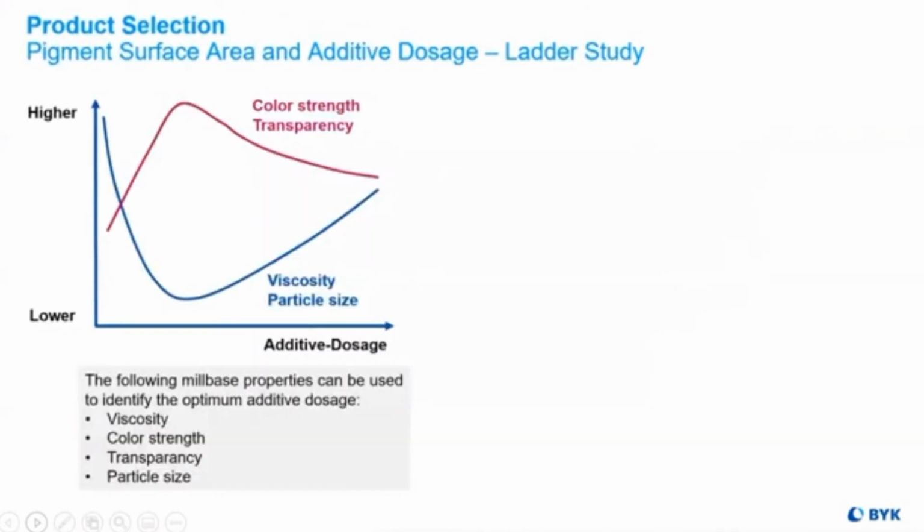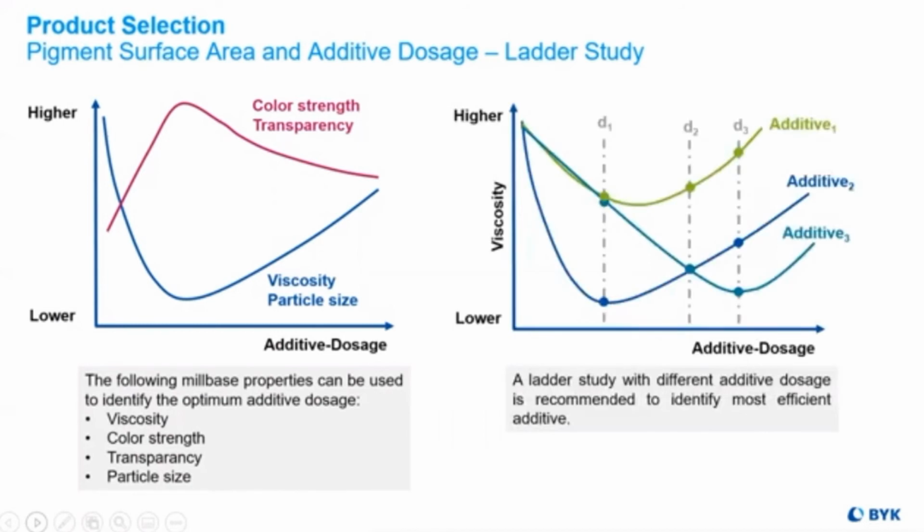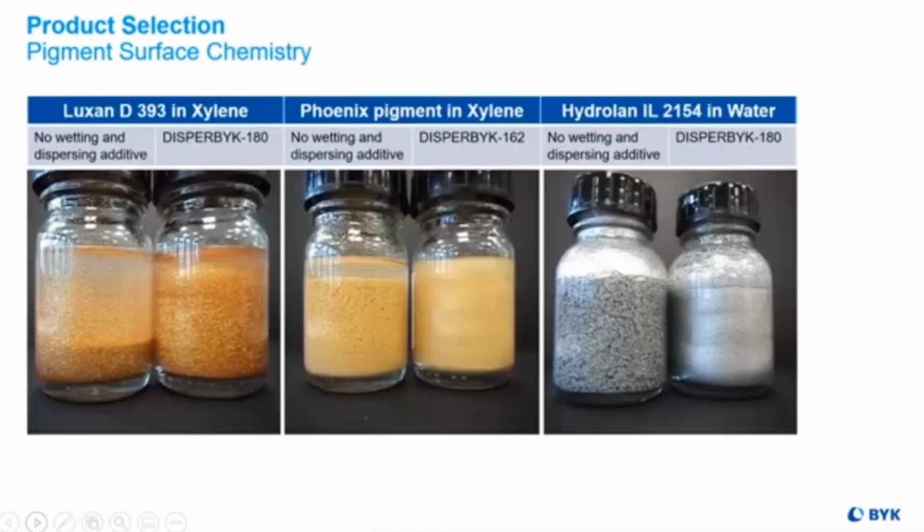This is why we highly recommend incorporating ladder studies as routine with new formulations, and even when changing a raw material in the system, because this could potentially change the overall compatibility of the additive that was formerly compatible in the system.